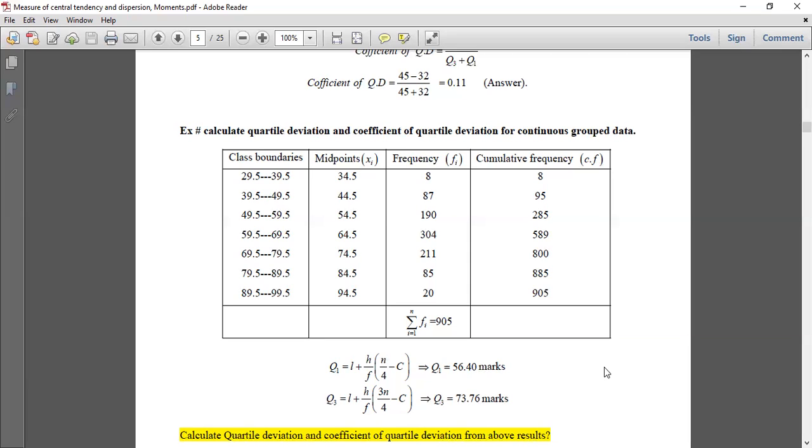So what is the lower limit of this quartile class? 29. And for L2, the upper limit, 99. Cumulative frequency is given.